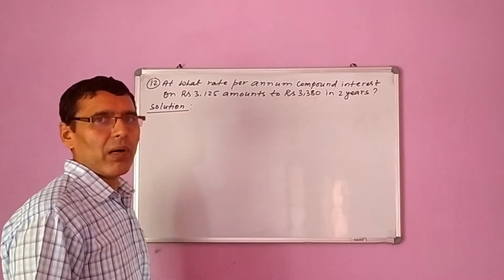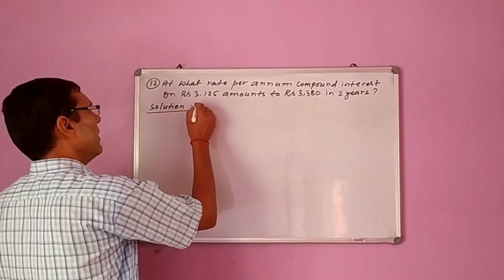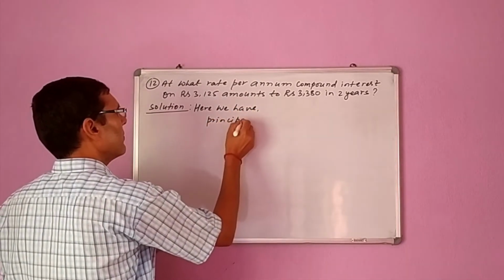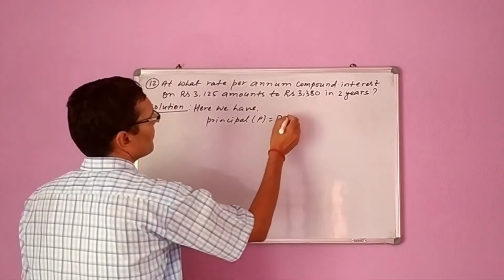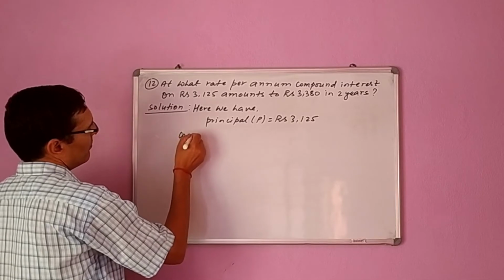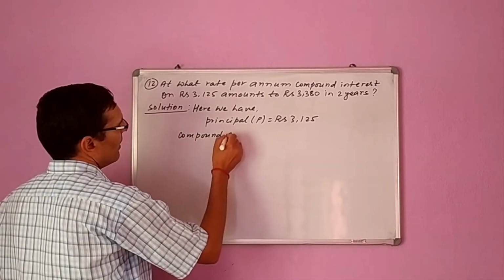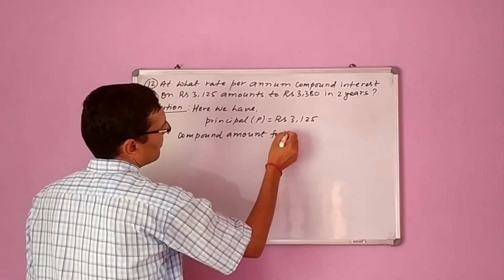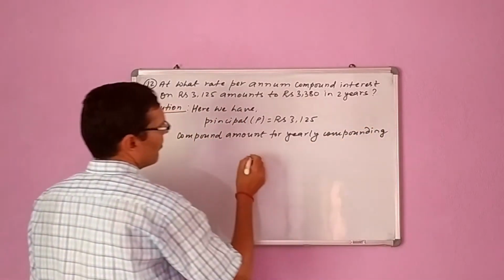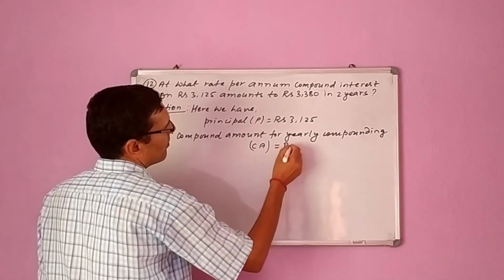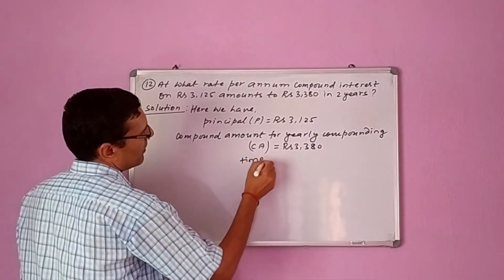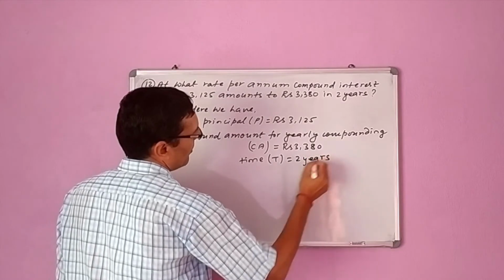So it is yearly compounding. So for yearly compounding we have principal P is equal to rupees 3,125, compound amount for yearly compounding CA is equal to rupees 3,380, time T is equal to 2 years.